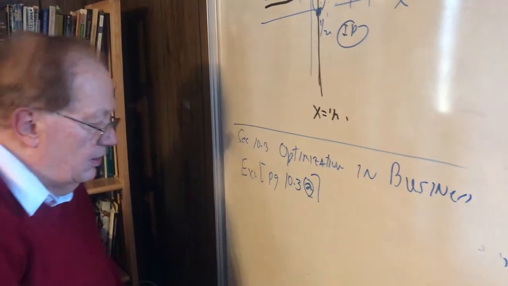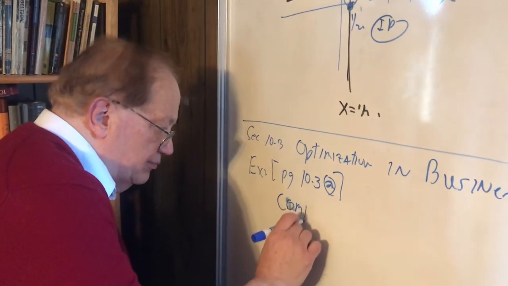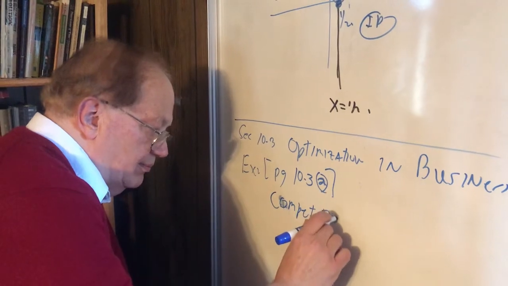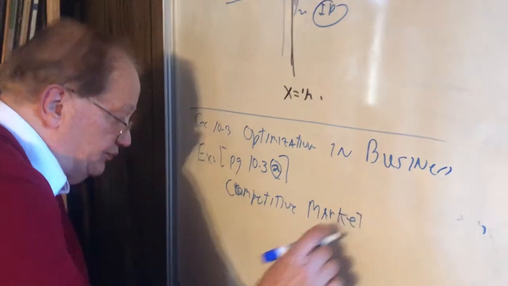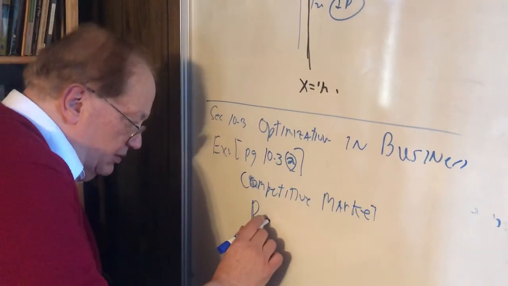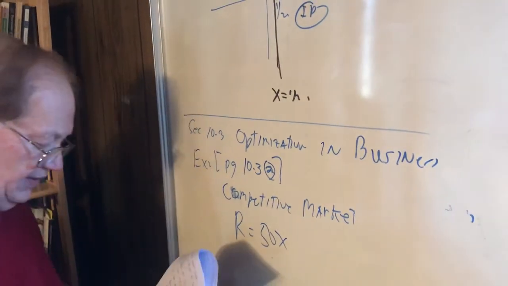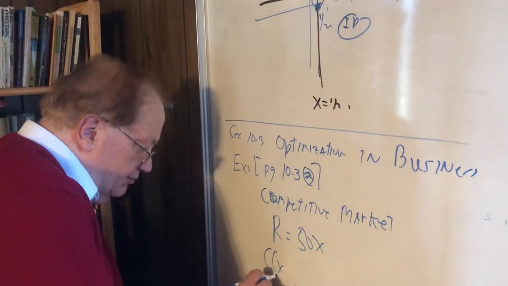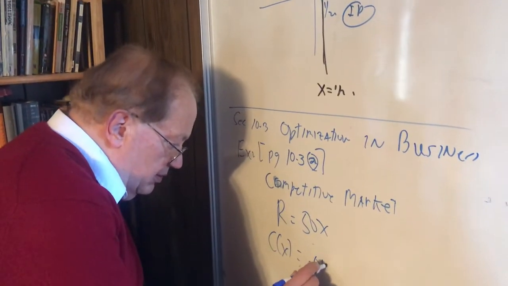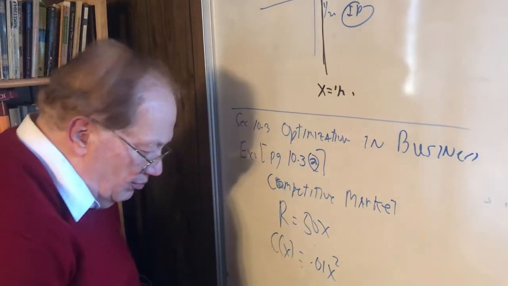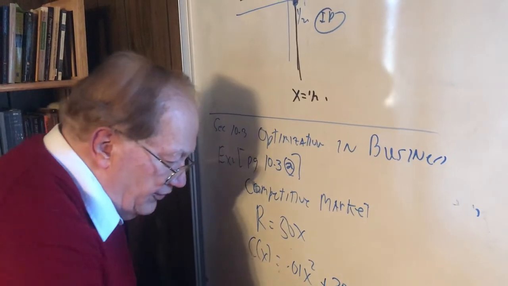Okay? So now we have a competitive market. And in a competitive market, we have a revenue equals 50x, and we have a cost function which equals 0.01x squared plus 30x plus 1900.